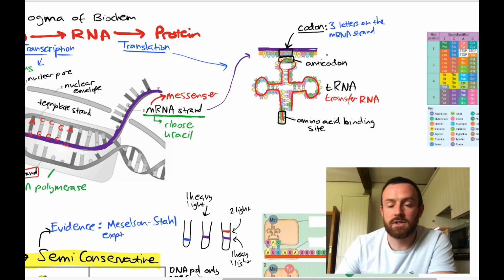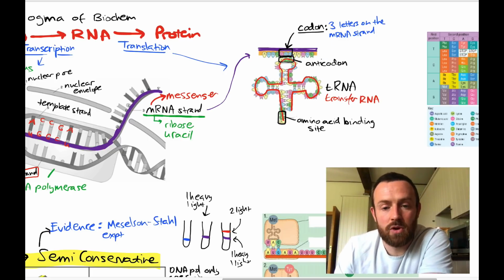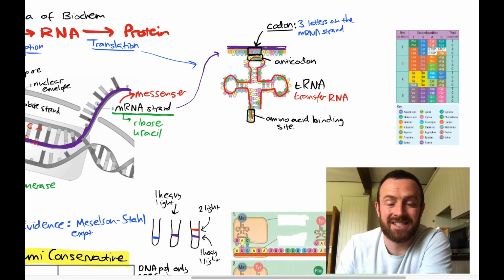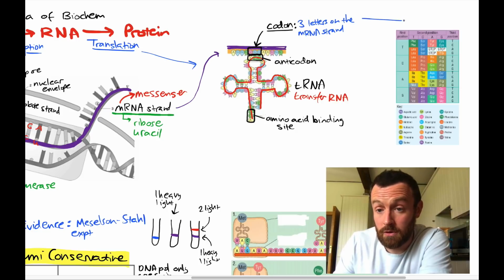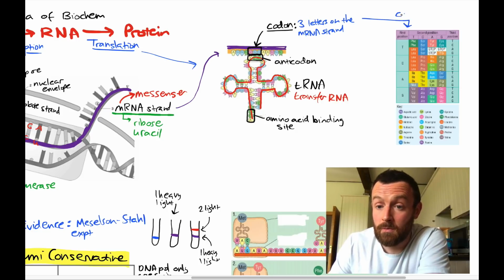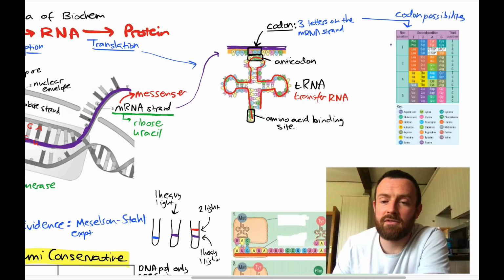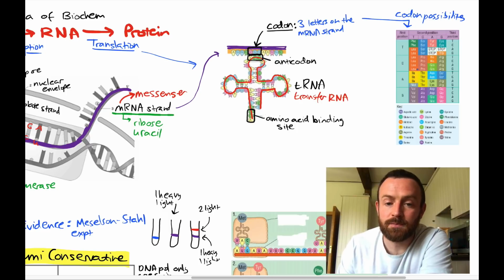Okay? So for every single codon on the messenger RNA, every single possible combination, and there's 64 different possible combinations, here are all the codons. For every codon on the messenger RNA, there is an anticodon that will match it. And if the codon here is UGG, then there will be a specific amino acid attached.